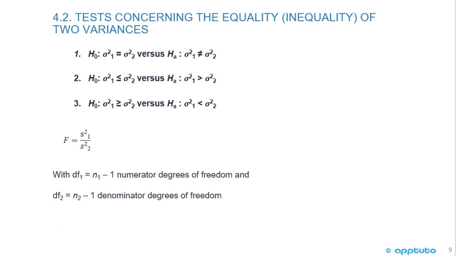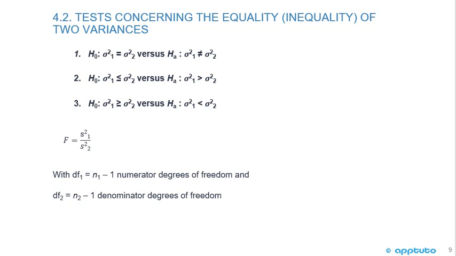Suppose we have a hypothesis about the relative values of the variances of two normally distributed populations with means of mu1 and mu2 and variances of variance 1 and variance 2. We can formulate all hypotheses as one of the choices below. We have the null hypothesis that the variances are equal versus the alternative that they're not.